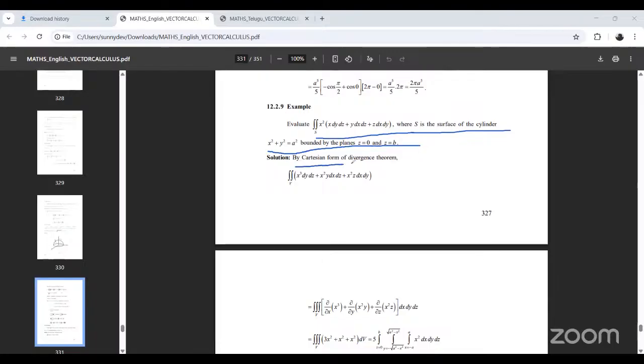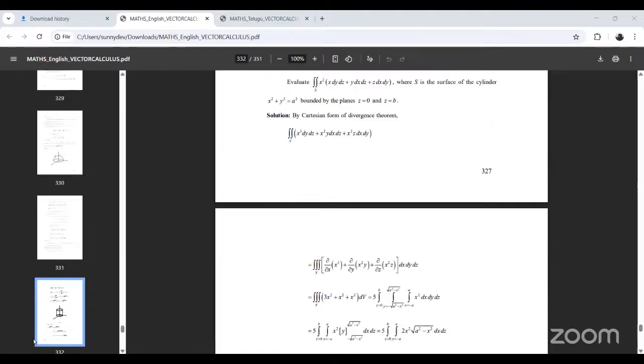By the Cartesian form of the divergence theorem, the double integration of F dot n into dS equals the triple integration of divergence of F into dV.